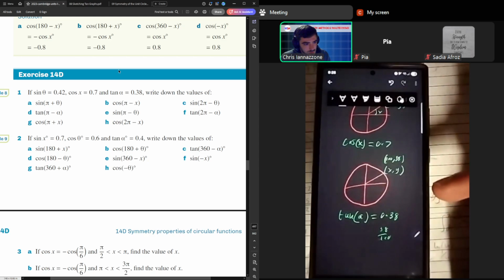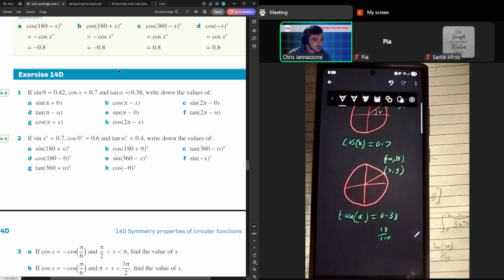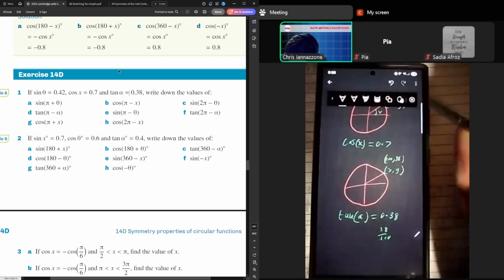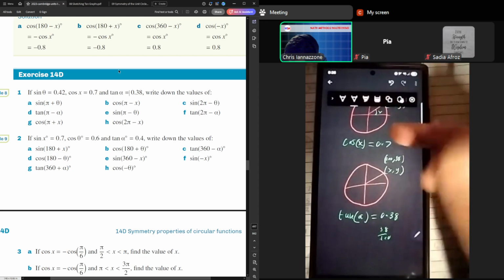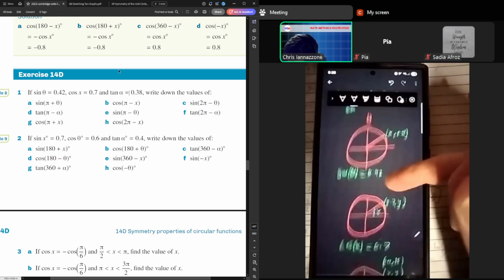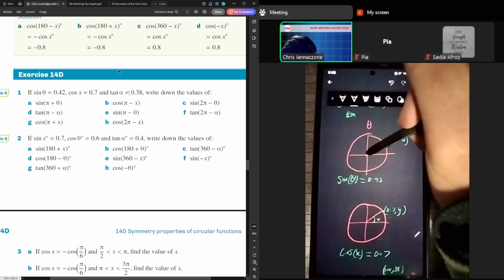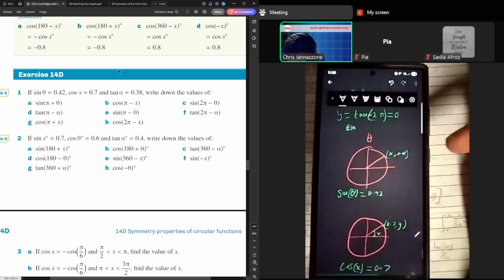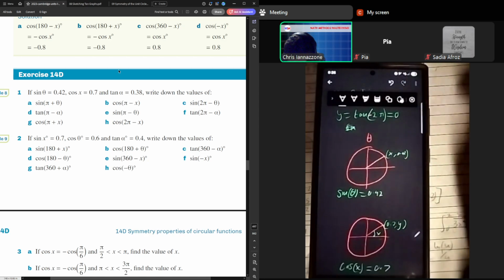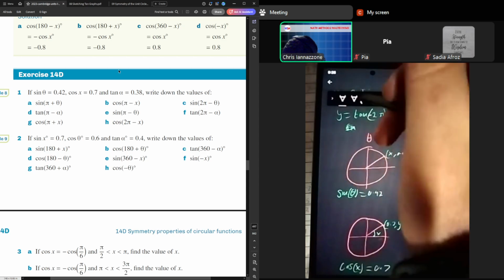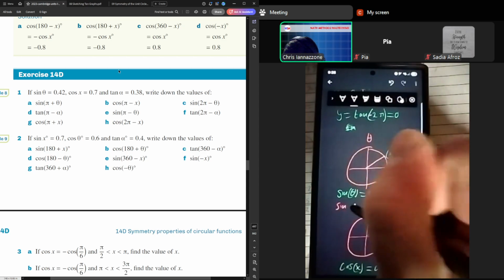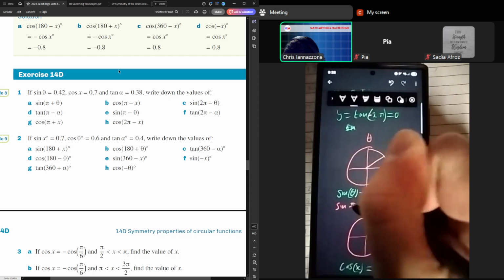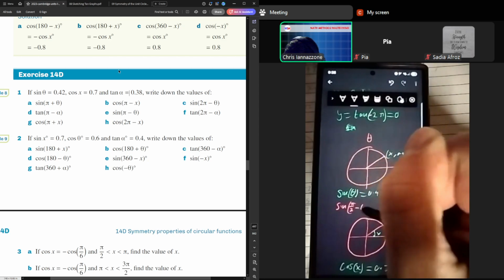Cool, so that gets us some unit circles. Now, if we just do some miscellaneous things on this circle, what's sine of pi over 2 minus theta?